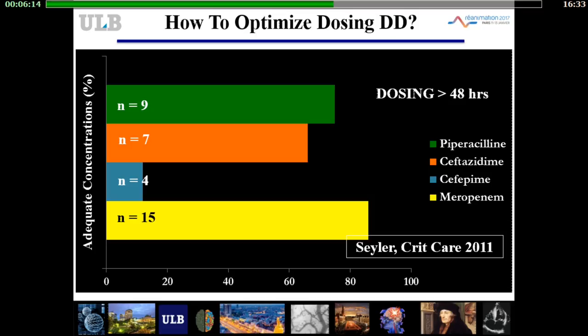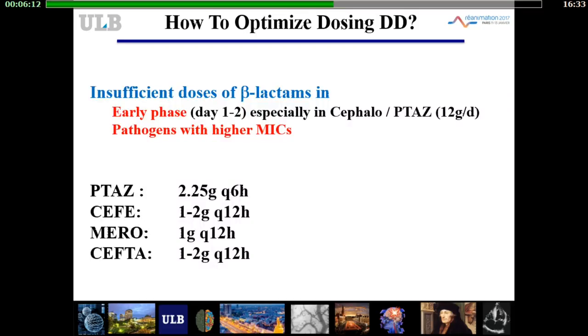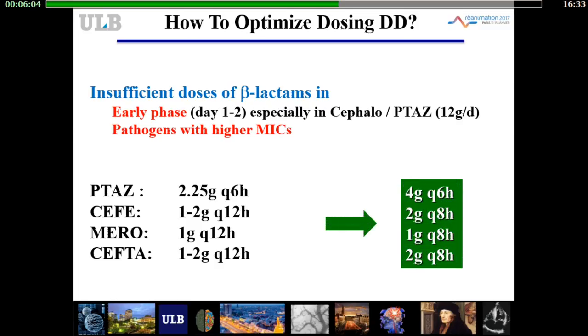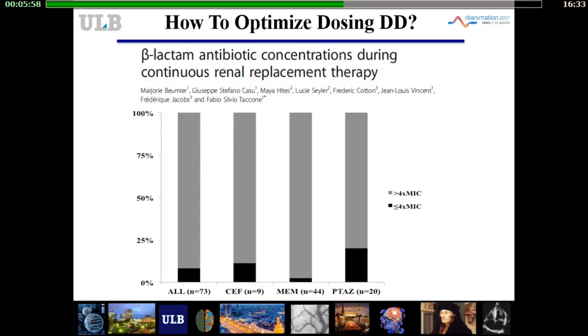So in the early phase, the conclusion is that you cannot strictly apply the recommendation in the literature, but you have to modify the strategy, which means probably give an unadjusted drug regimen, the same drug regimen that you would give in patients without RRT or AKI. Does it work?